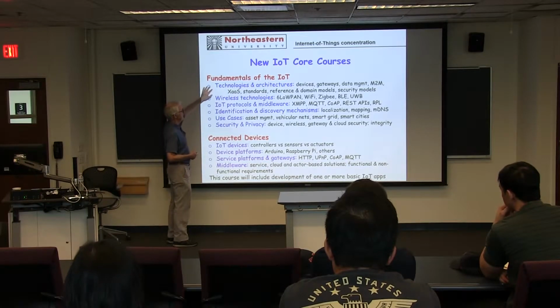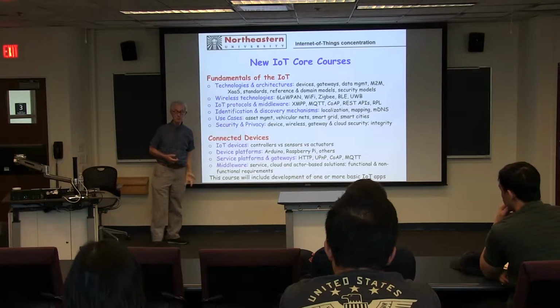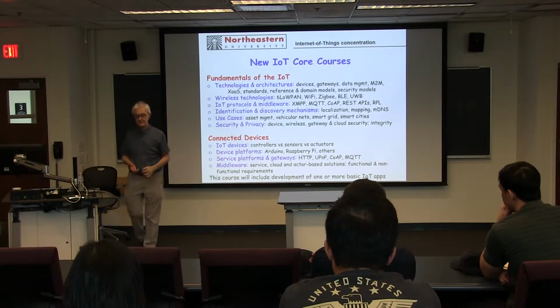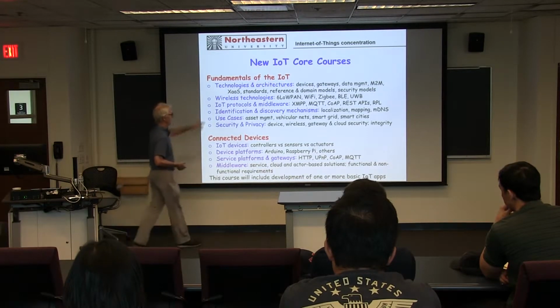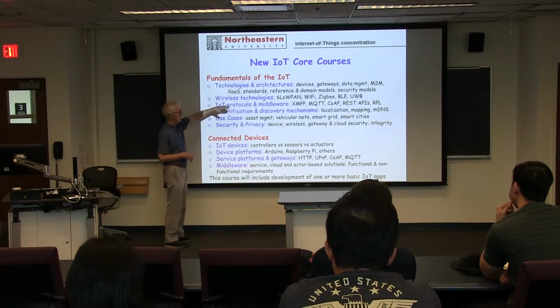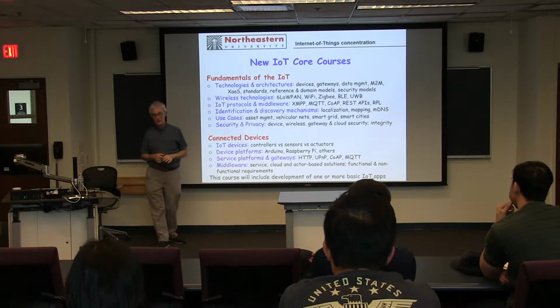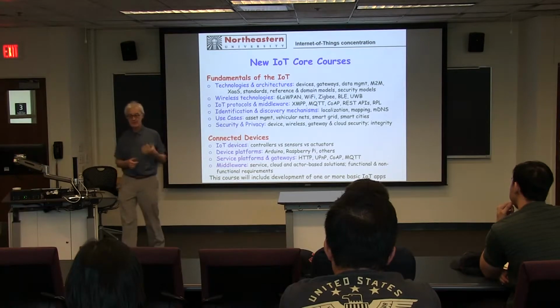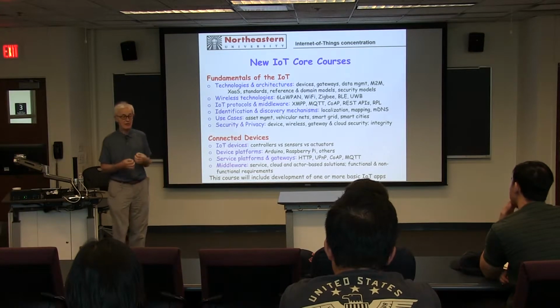We look at technology and architectures, all the different kinds of wireless technology that are in use. There's a whole bunch of different standards out there, things that are close to being standards. The middleware, which is like the upper layer protocols. The whole goal of these is to keep them very thin, because a lot of the devices are fairly simple devices.